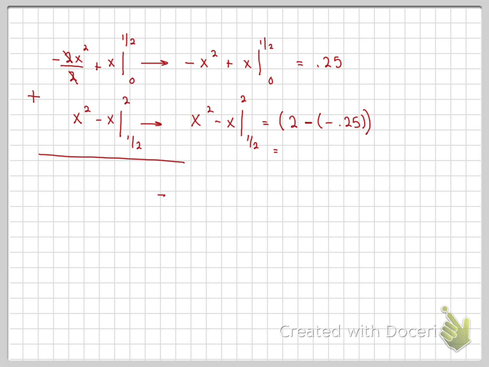So that's 2 plus 0.25, which is 2.25. So what we'll do now is add both of those areas together: 2.25 plus the 0.25 to get a total of 2.5. So that's a really good example of why you sometimes need to draw in your graphs.